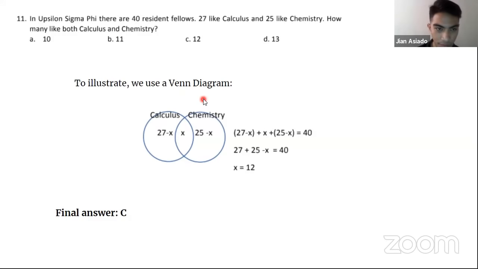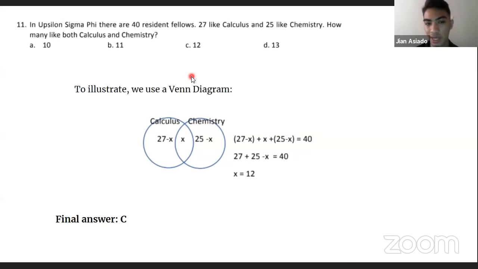Usually I use a Venn diagram. 27 minus x is for the calculus lovers only, and 25 minus x is for the chem addicts. The super nerds in the middle are the x. If we add all this up, the total residents is 40, so 27 plus 25 minus x equals 40, and solving for x gives 12.